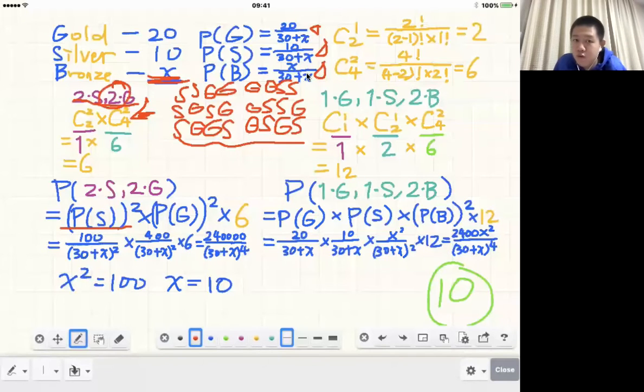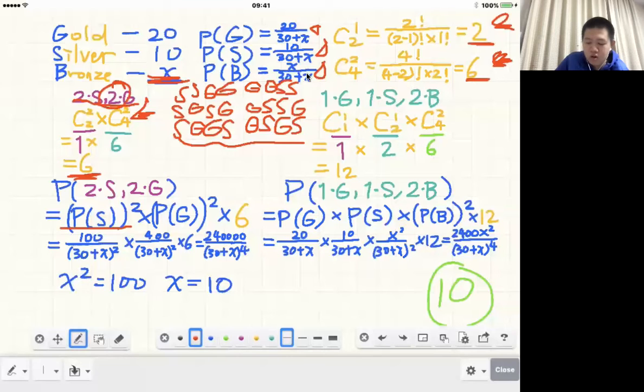I've included the factorial calculations here: C22 is 2 factorial divided by 2 factorial, that's 1. And C42 is 4 factorial divided by (4 minus 2) factorial times 2 factorial, which is 6. So for this one, you have 6 here.